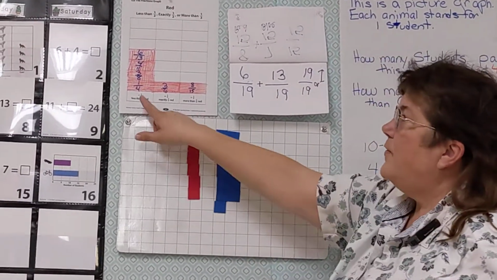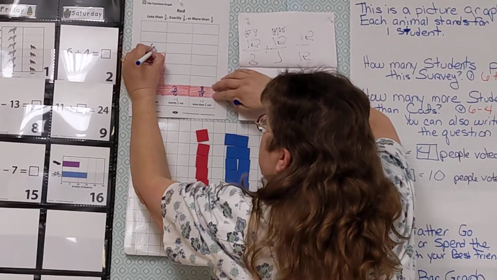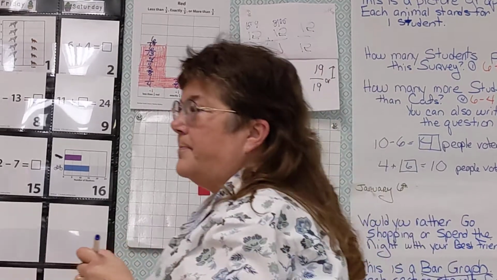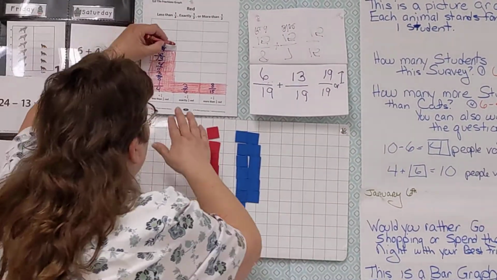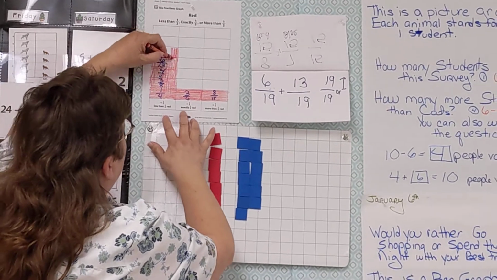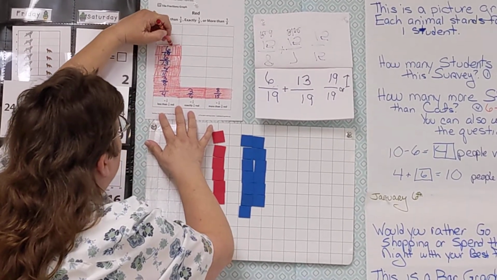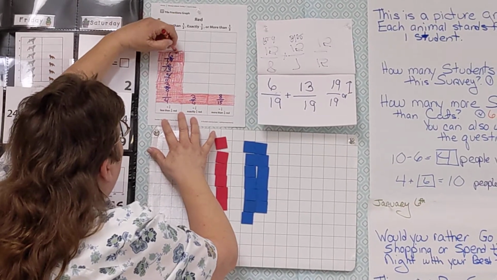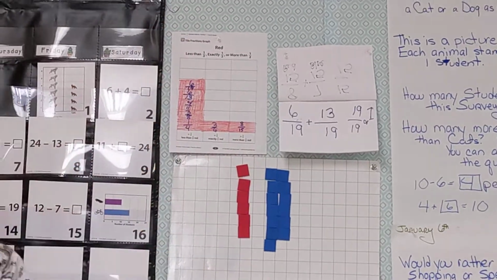So we're definitely going to be writing it in the less than half red. 6/19. Okay. Wonder if I'm going to need a second one of these graphs. If we do, I'll be able to make another copy and we'll just keep going up.